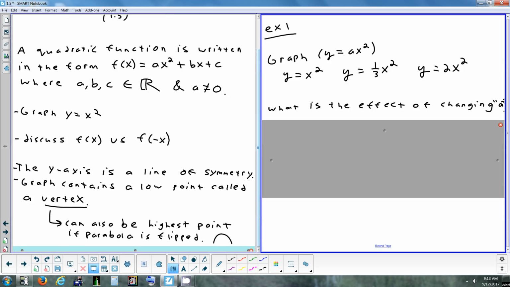So what we're going to play with now is changing the coefficient of x squared. We'll just try changing it and see what happens. Does anybody already have an idea of what's going to happen when you change the number in front of x squared?